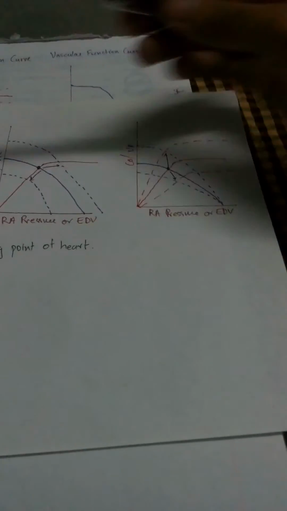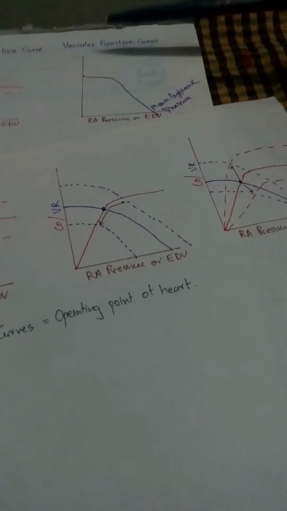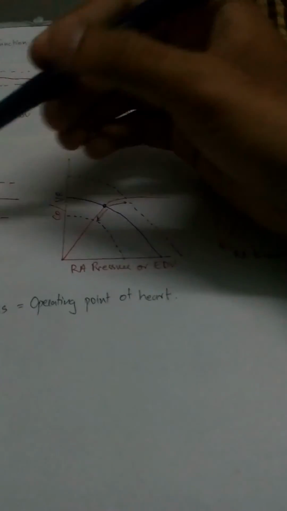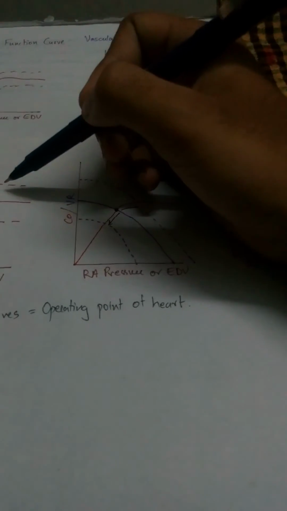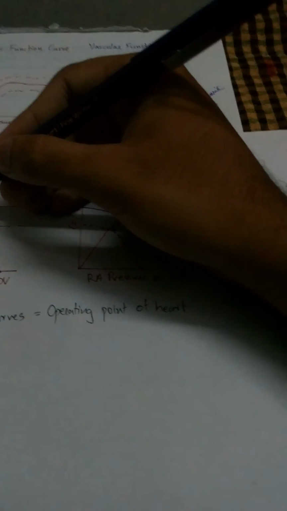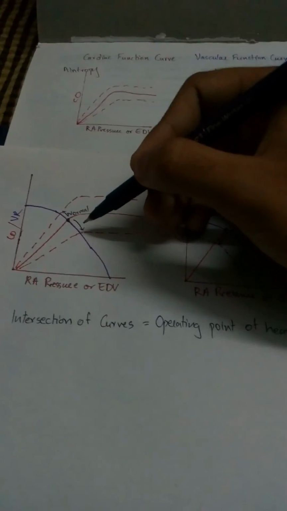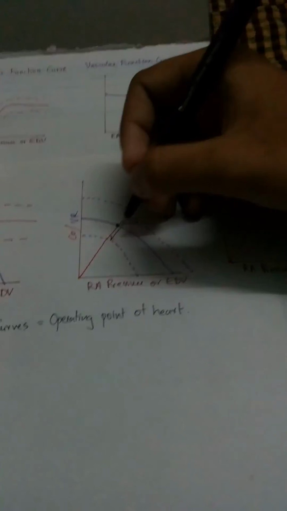Now when you combine all of these graphs, the cardiac function and the vascular function curve, the point of interception is called the operating point of the heart. Increased inotropy shifts the operating point of the heart upwards, and decreased inotropy shifts the operating point below.